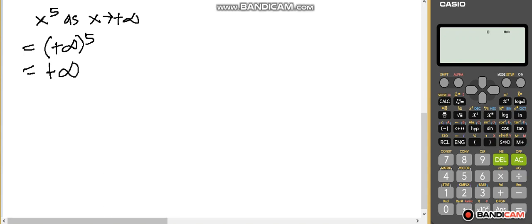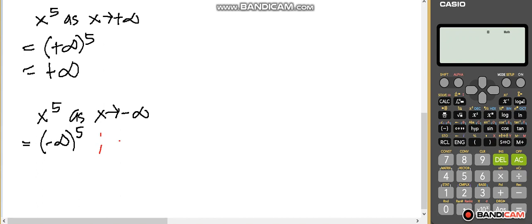What if we have x raised to 5 as x approaches negative infinity? Ipasok mo naman ngayon yung negative infinity for our variable x. So this will become negative infinity raised to 5. Anong magiging value ng negative infinity raised to 5? Actually class, negative infinity is equal to negative 1 times positive infinity.